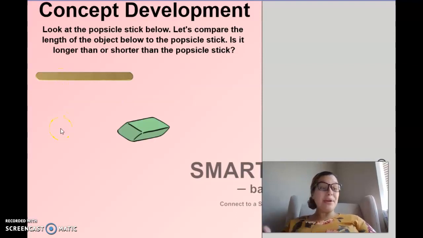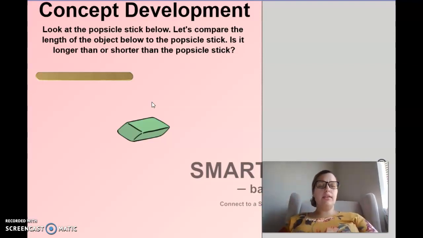Okay, we're going to look at the same popsicle stick and we're going to compare it to this object down here, which is called an eraser. Can you tell me what you think? I want to know if it's longer or shorter. The eraser. Is it longer or shorter than the popsicle stick? Your sentence could sound like this.